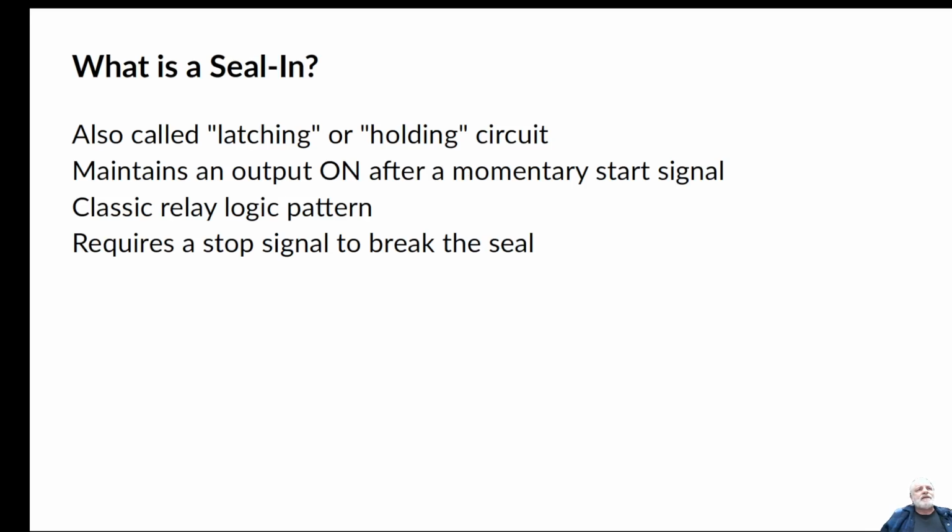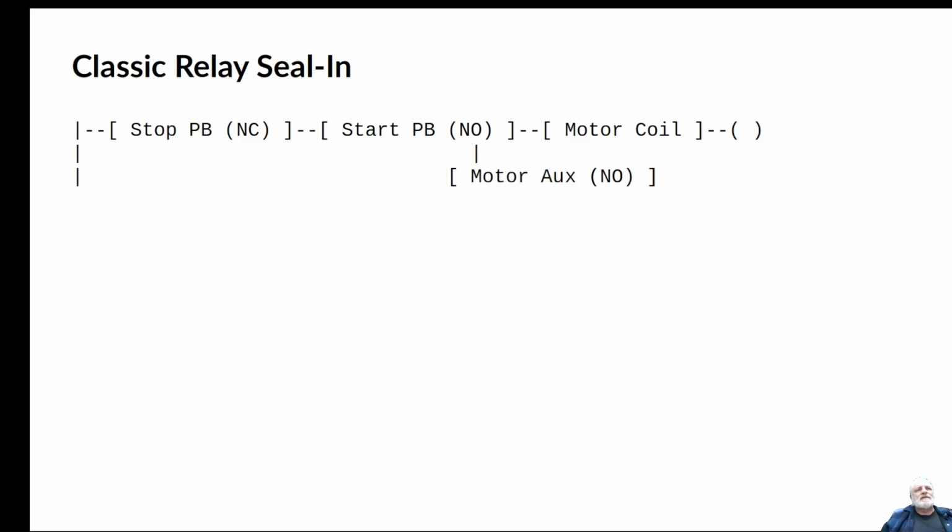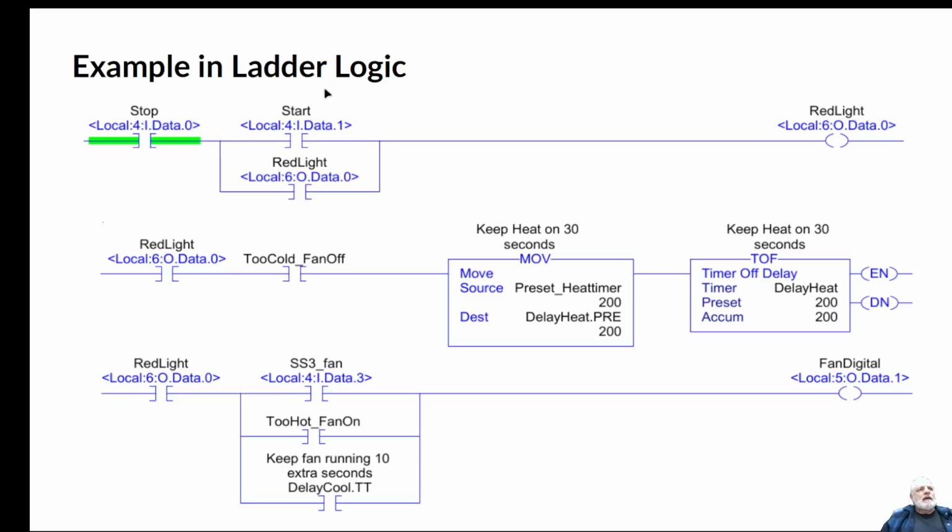All right, so let's look at some standard ladder logic here. So the first circuit is what we call a fill-in circuit, and this is a latching or a holding circuit. So this requires a couple of contacts. If you look at the top rung here, this is a fill-in circuit where I have the stop switch, which is wired in as normally closed.